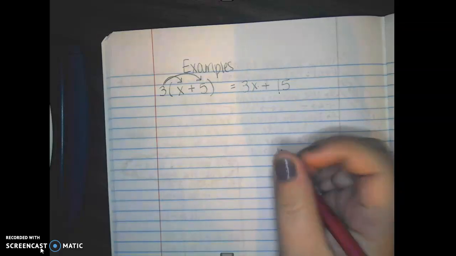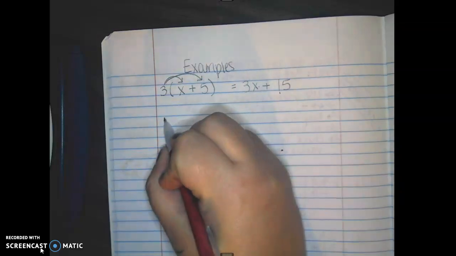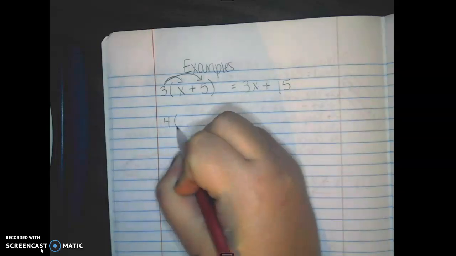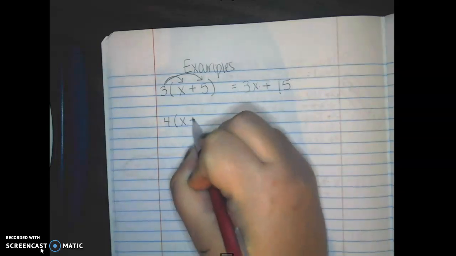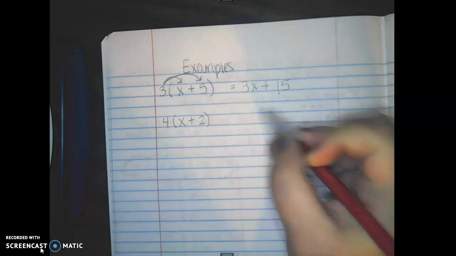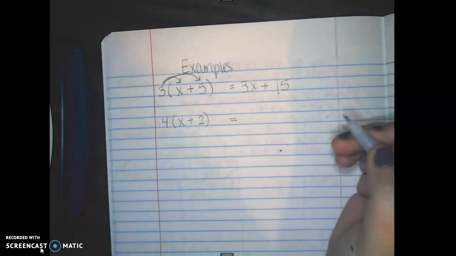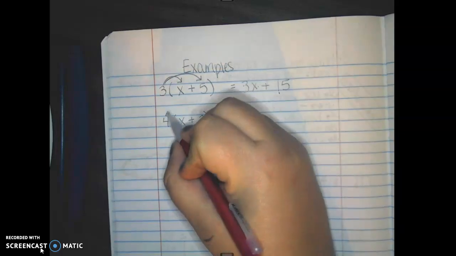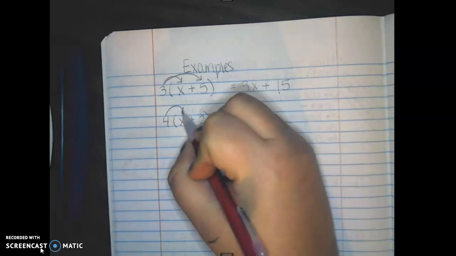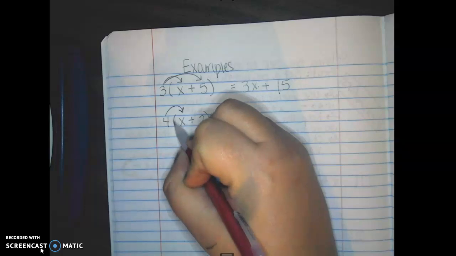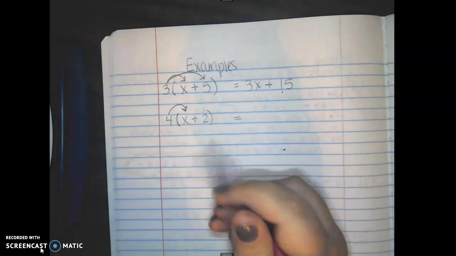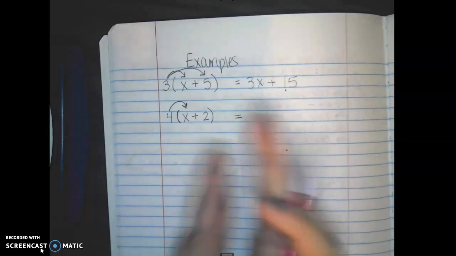So we can see that they are truly equal. If I plug in any number, it's going to be true. So let's look at another example. And it doesn't always have to be x. I'll change the variable on the next one. So we're going to give that 4 to the x, and we're going to multiply it. Because this right here, a parenthesis, so when I have a number next to a parenthesis, that means multiplication.